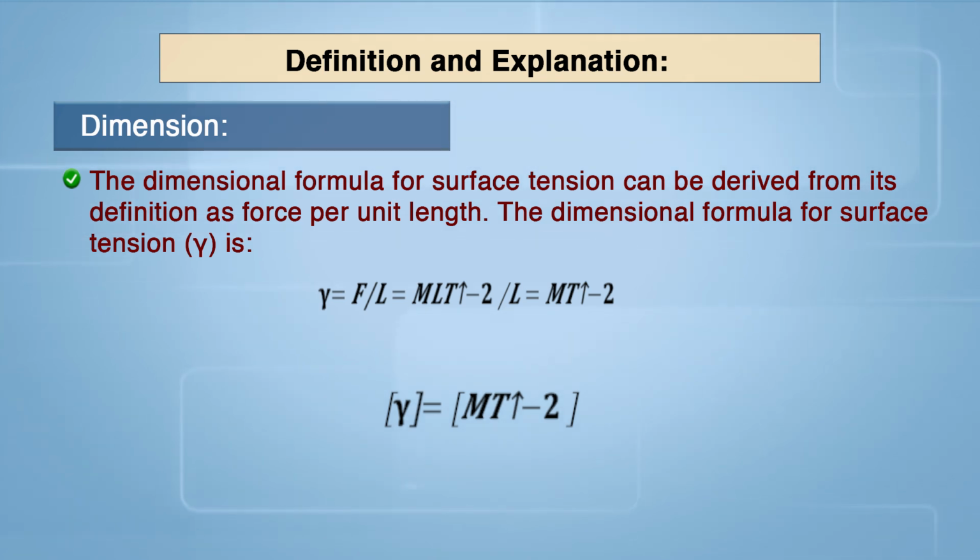So, the dimensional formula of surface tension is [gamma] equals [M T^-2], because a dimensional formula is always represented in square brackets.